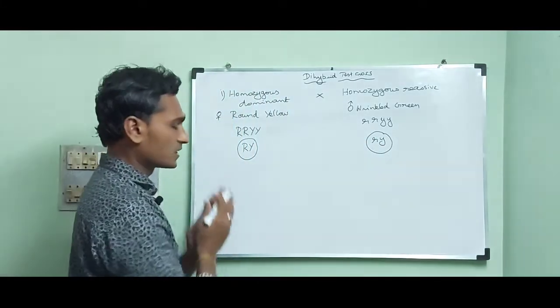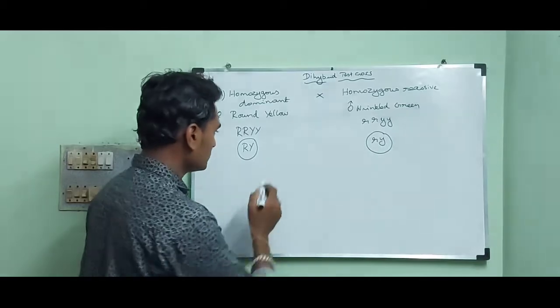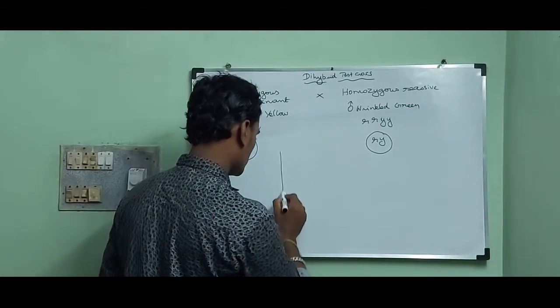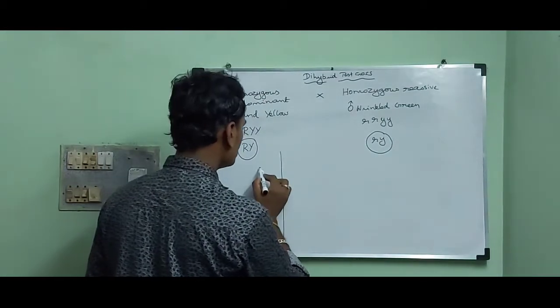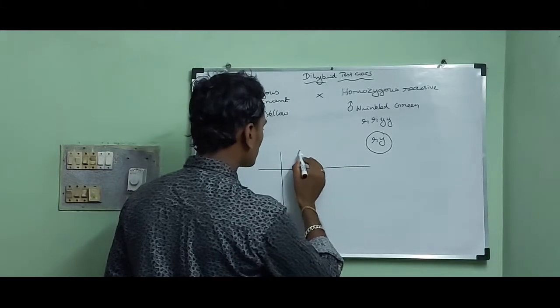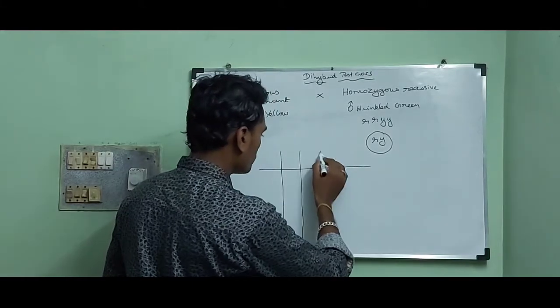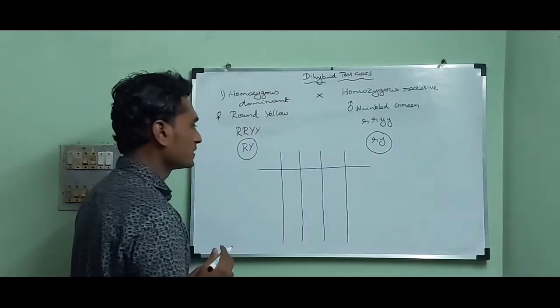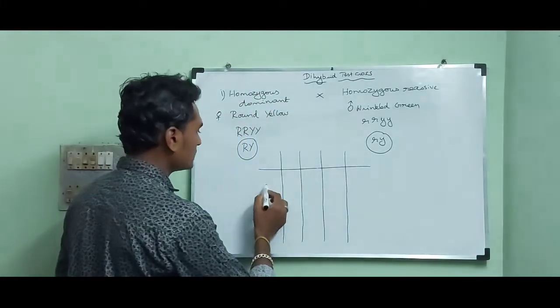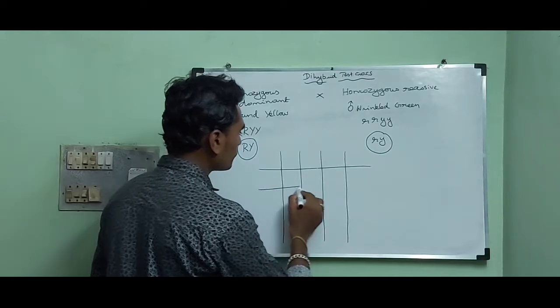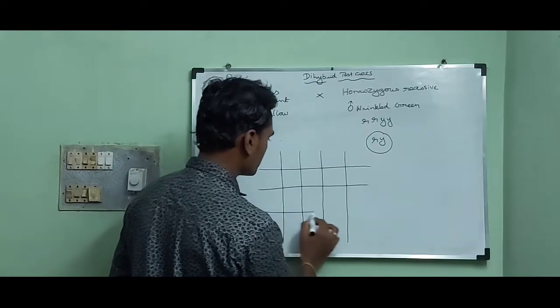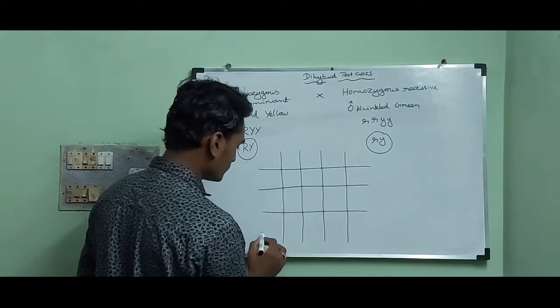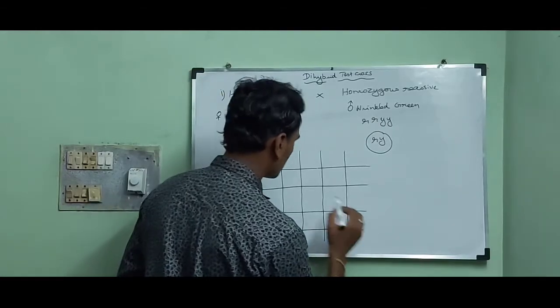Then these gametes should be plotted in the Punnett square. So here we have to draw 4 columns and 4 rows, because in dihybrid test cross or dihybrid cross each individual can produce 4 types of gametes.